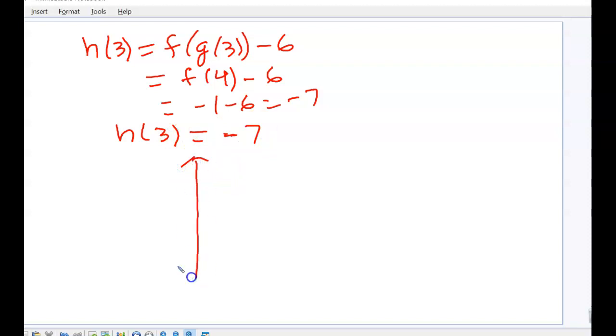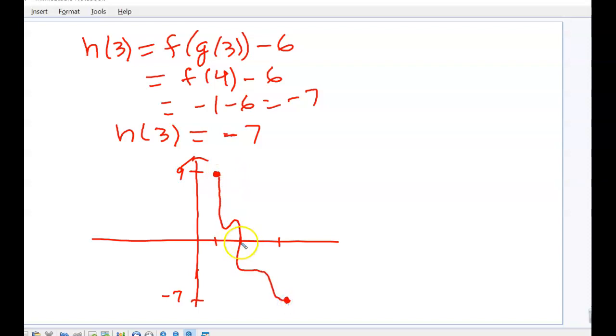Again, from a graphical point of view, at 1, it was all the way up at 9. And at 3, it's down here at -7. Because the function is differentiable, it's continuous. Again, I don't know what's going on in here, but I know it looks something like that. I should probably make it look more like a function. There we go.